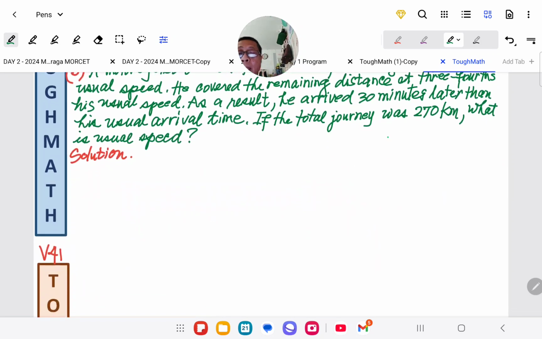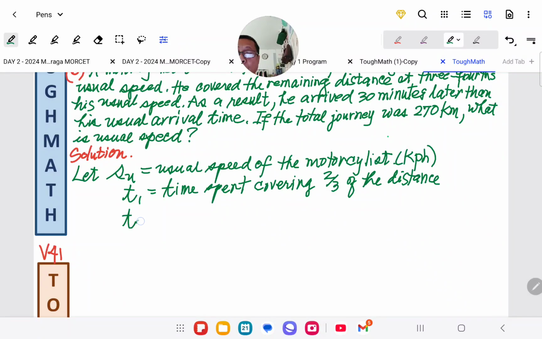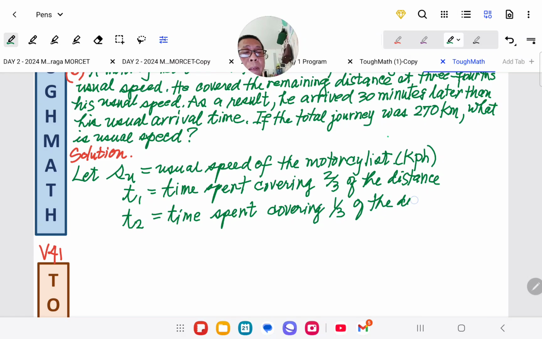And then T sub 2 be the time spent covering, of course, since 2/3 has already been covered, then the remaining is just 1/3 of the distance, which is 270, by the way.